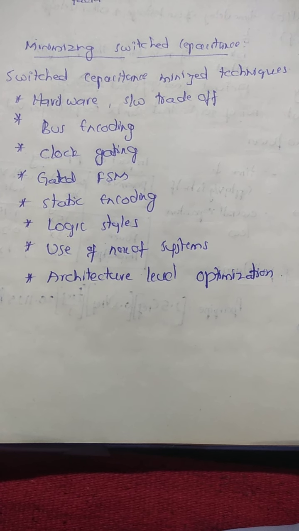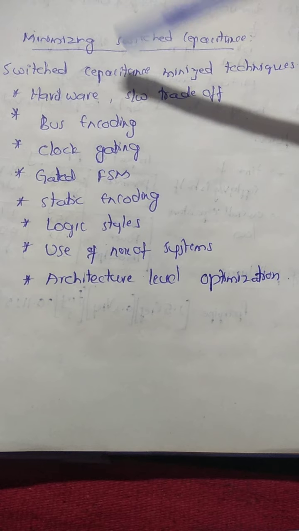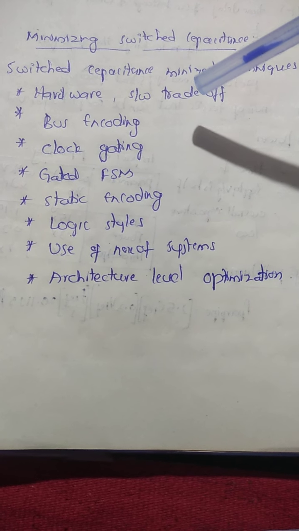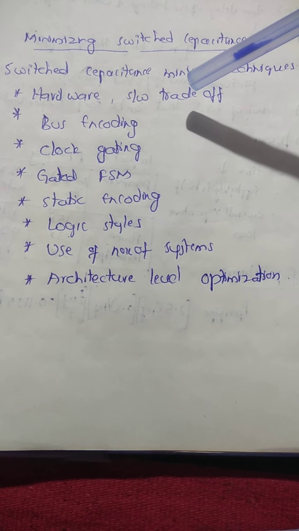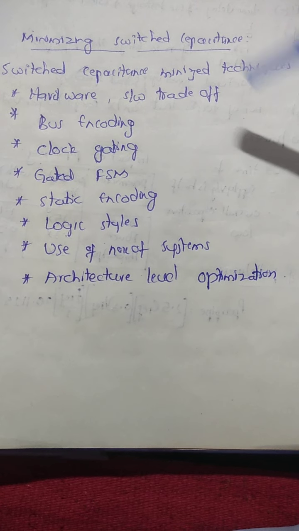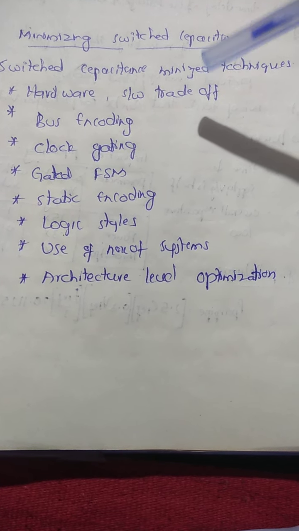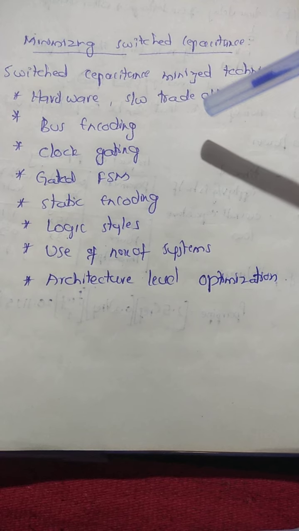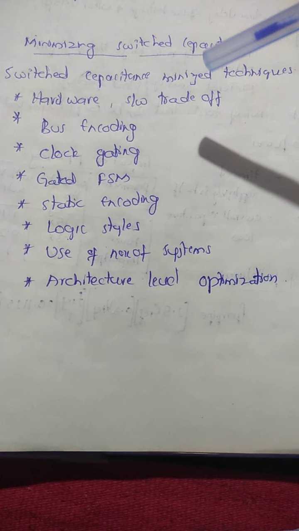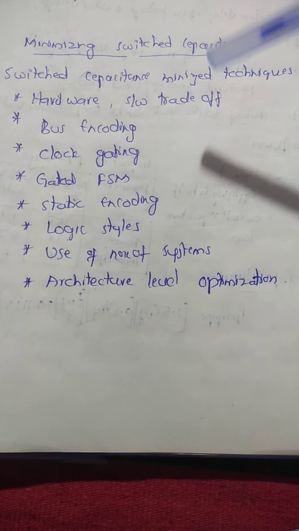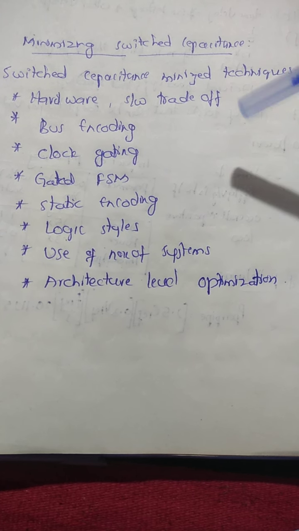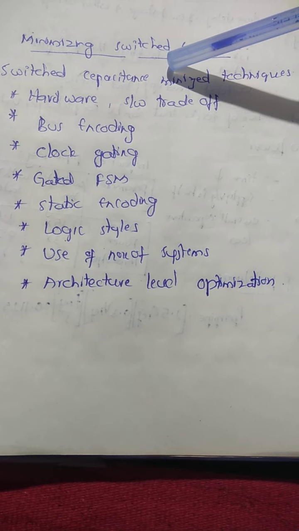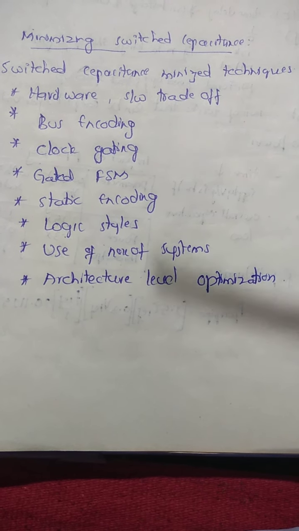In this lecture, we will discuss minimizing switched capacitance. Switching power dissipation can be minimized by minimizing capacitance or switching activity, or maybe both, because switched capacitance is the product of capacitance with switching activity.